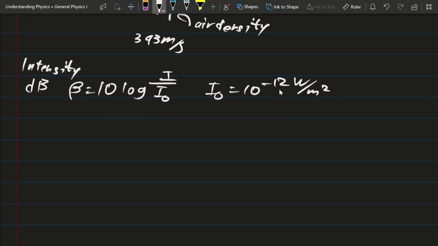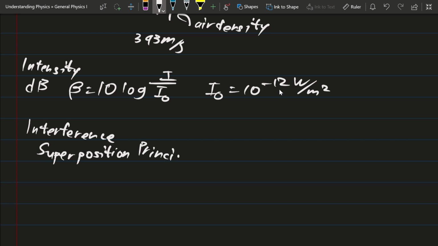After we have already talked about sound, I want to talk about certain properties of waves. First of all, I want to talk about interference. What causes interference? Well, it is something we call the superposition principle. The superposition principle tells us that two waves can be summed up together.